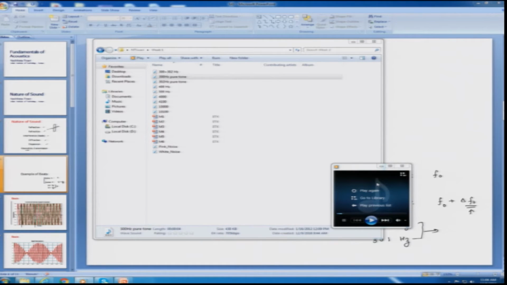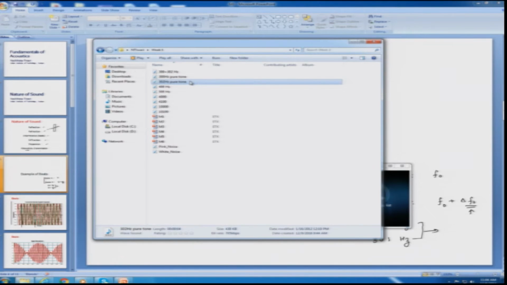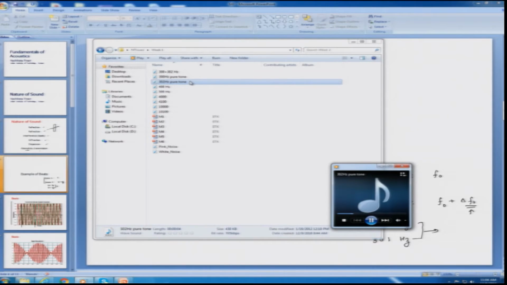So, this is the 300 hertz tone, and the next tone I am going to play is a 302 hertz tone. I am going to play it one more time. So, this is 302, this is 300.